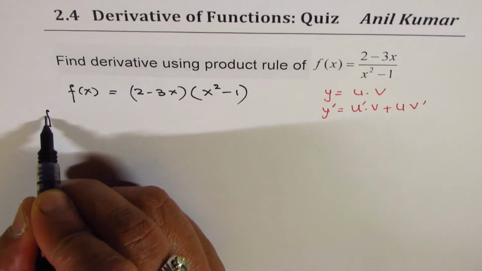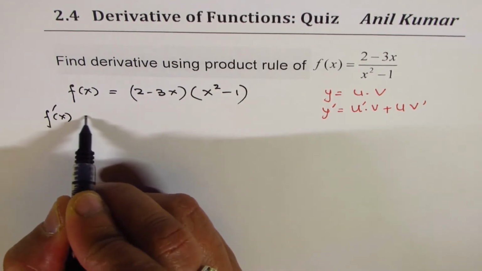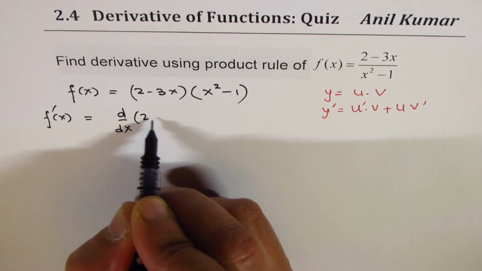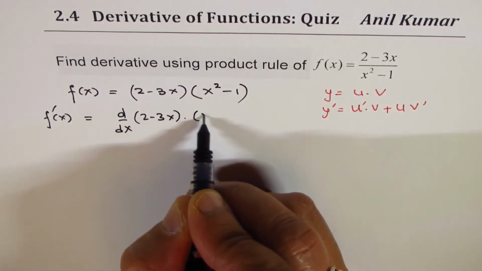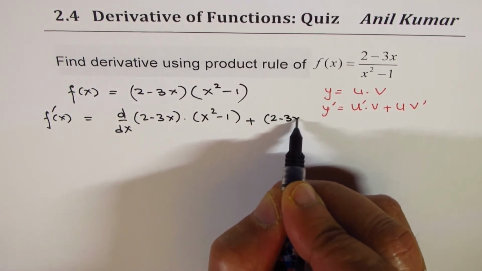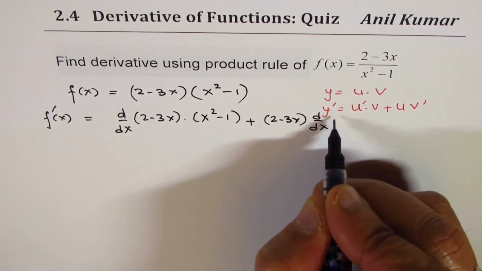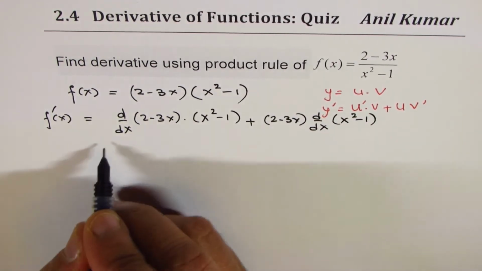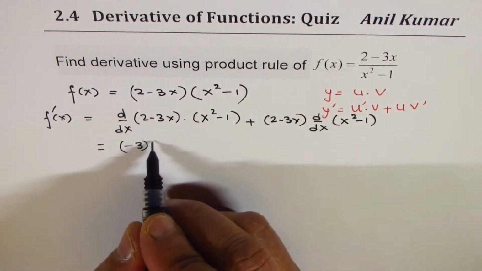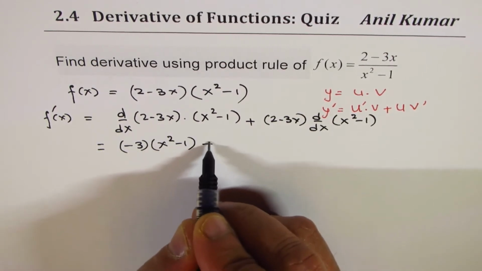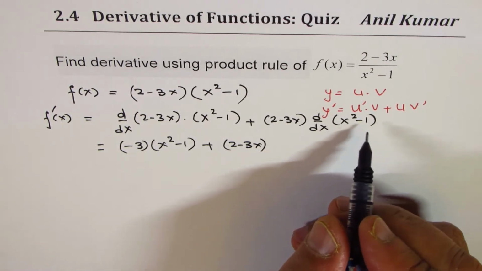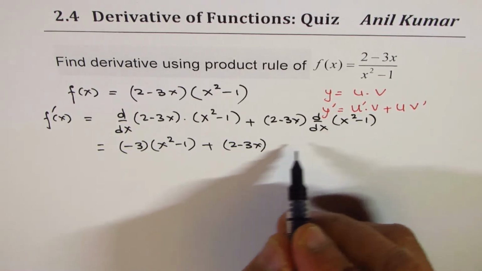So we can write the derivative of f of x as equal to, let me write in this form, d/dx of 2 minus 3x times x squared minus 1 plus 2 minus 3x times d/dx of x squared minus 1. Now the derivative of the first part is minus 3, that times x squared minus 1, plus we have 2 minus 3x times the derivative of the second part, which is x squared minus 1, is 2x.